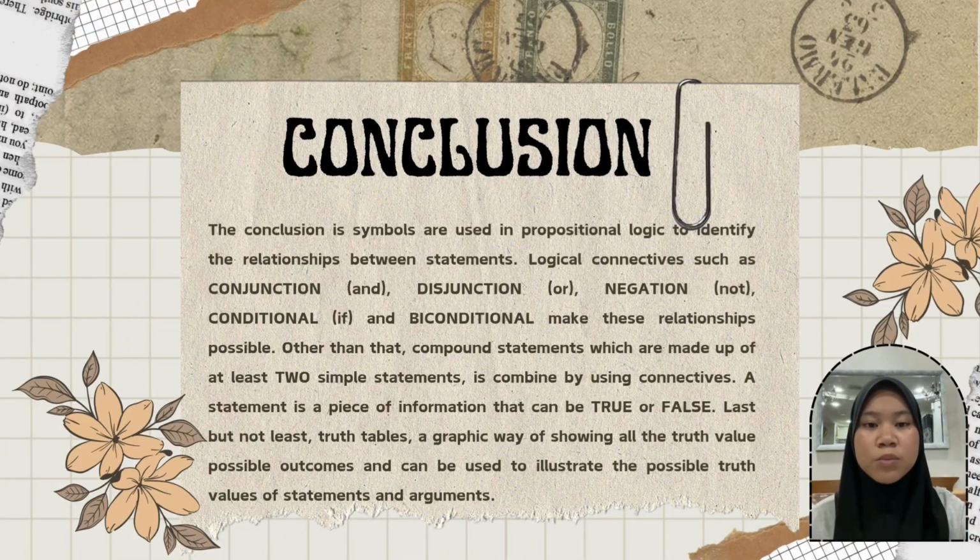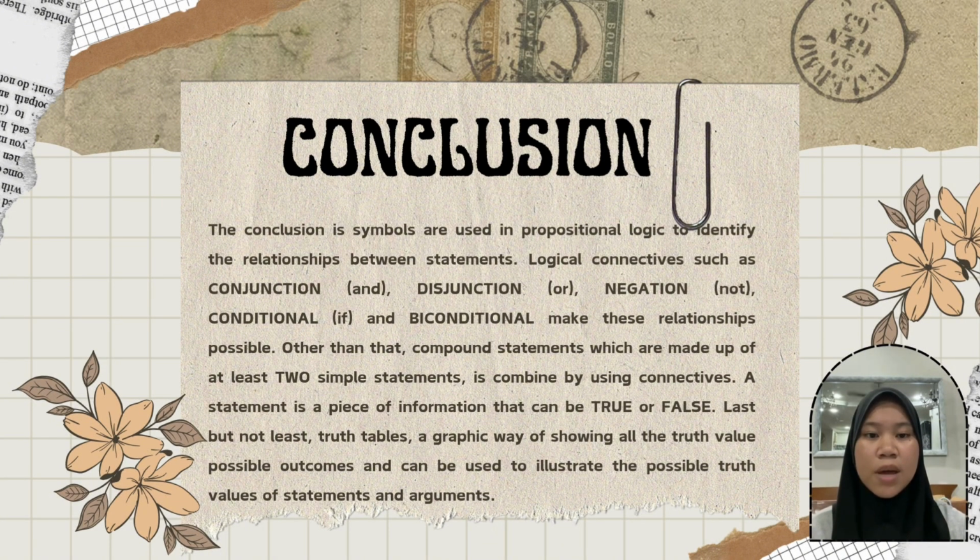The conclusion is, symbols are used in propositional logic to identify the relationships between statements. Logical connectives such as conjunction, which is and, disjunction, which is or, negation, which is not, conditional, which is if, and biconditional, make these relationships possible.